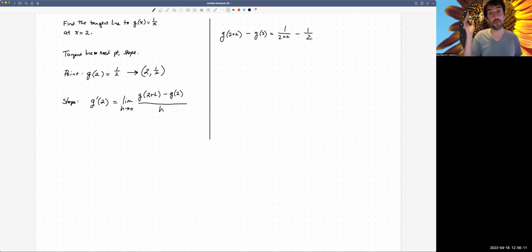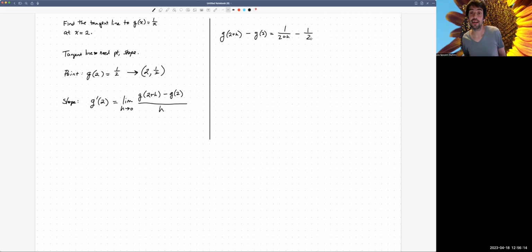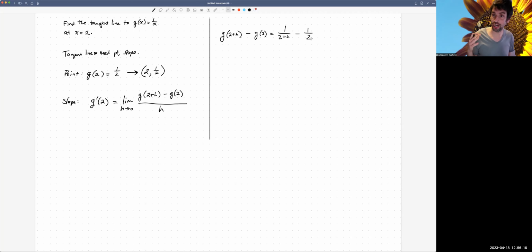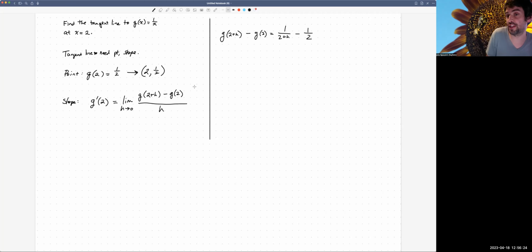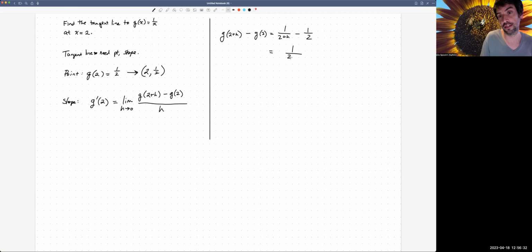It's not clear. So we want to start manipulating these things, doing some algebra that doesn't change what they mean, but lets us write it in a different way. There's not a lot of things we can do. One thing that jumps to mind is to combine these as a single fraction, meaning I have to find a common denominator.